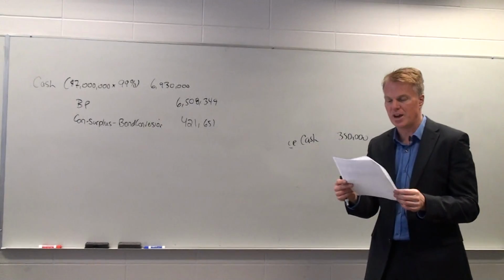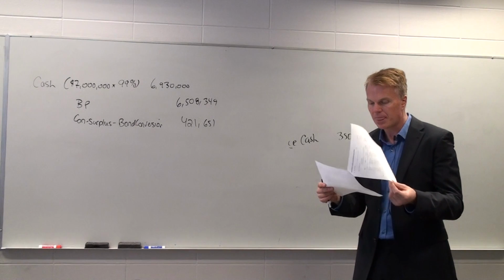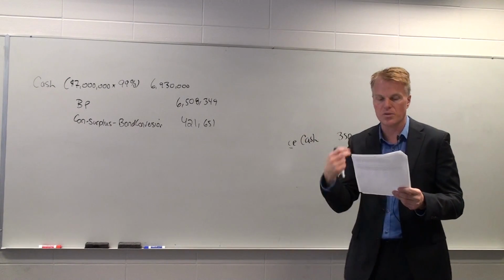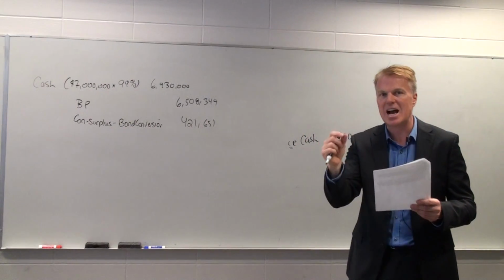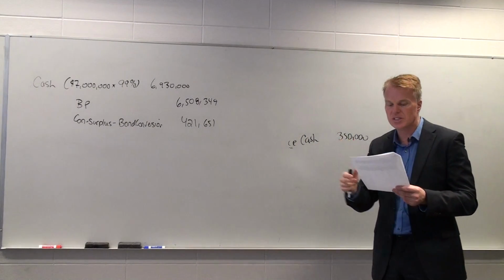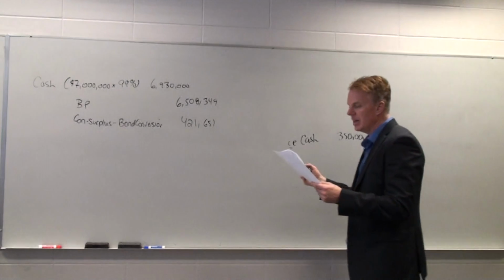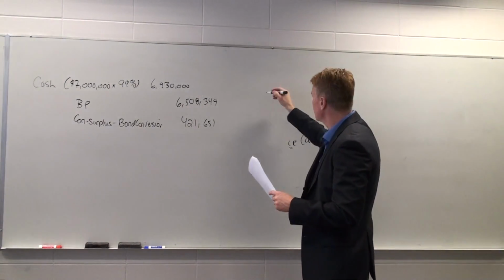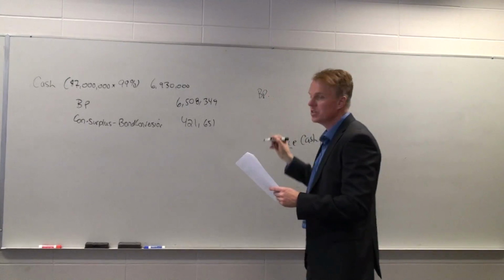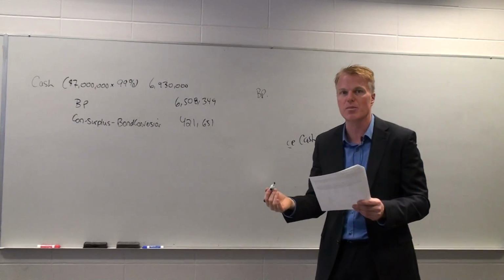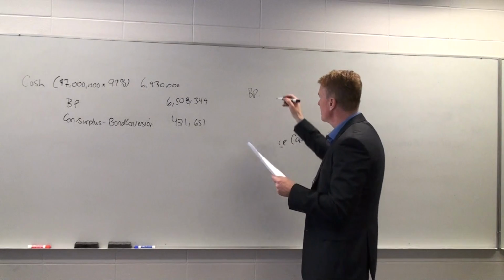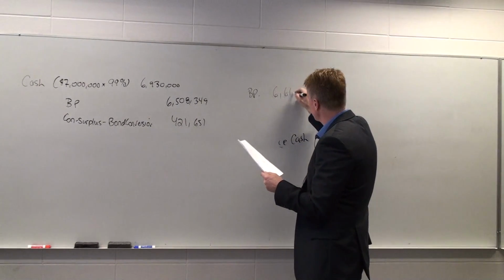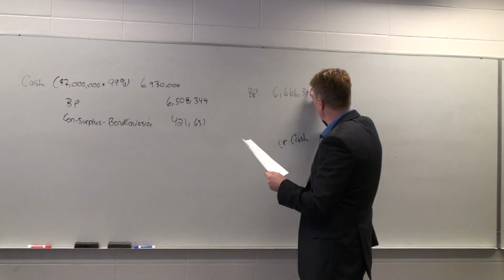Now, looking at your effective interest schedule, and calculating that over the period of time and making sure you're very careful in choosing exactly when this occurs, you see that the value of the bonds payable is $6,666,000. So we have to take the bonds payable and reduce it down to 0. We have to remove it. So $6,666,342.